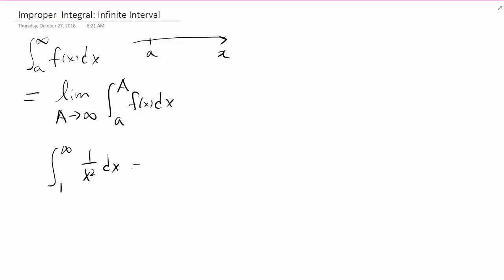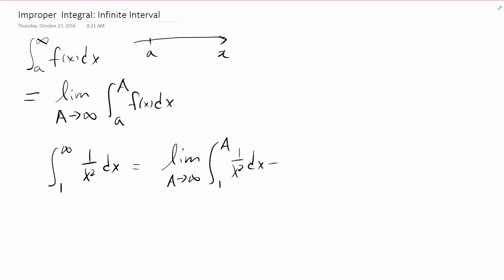By definition, this is equal to a limit, where we let capital A go to infinity, and from 1 to capital A we integrate 1 over x squared dx.